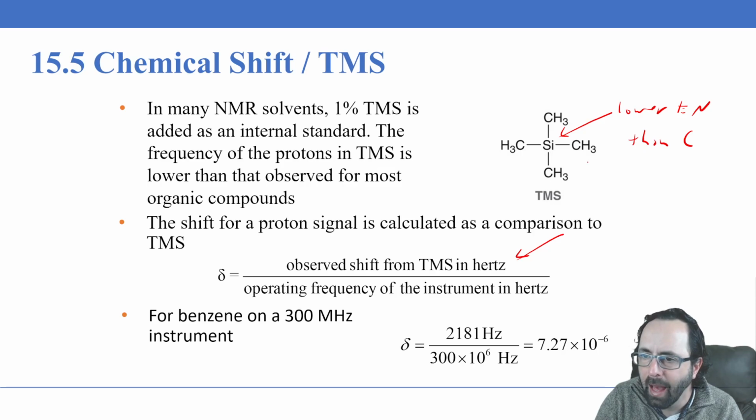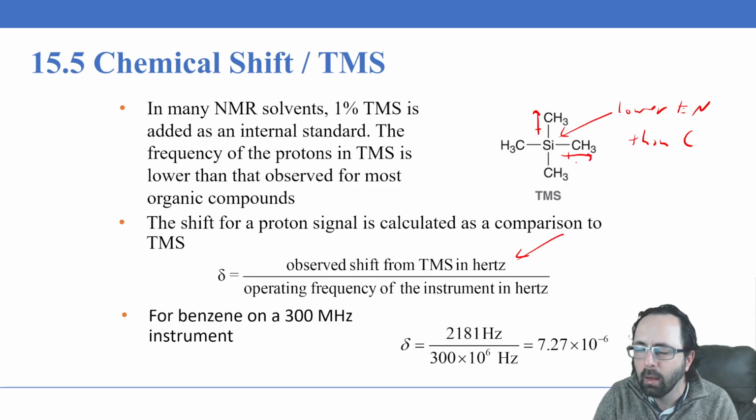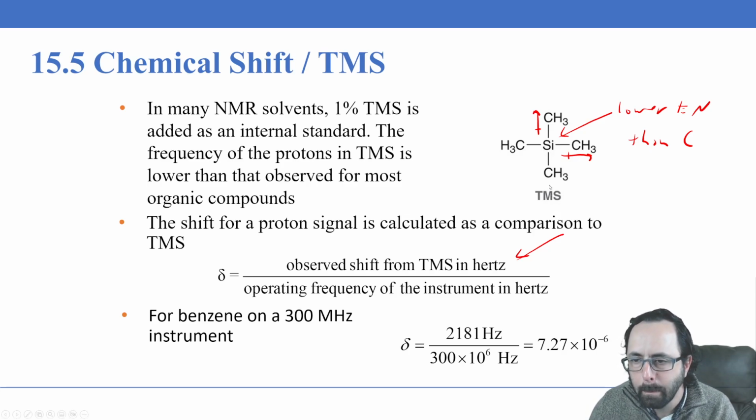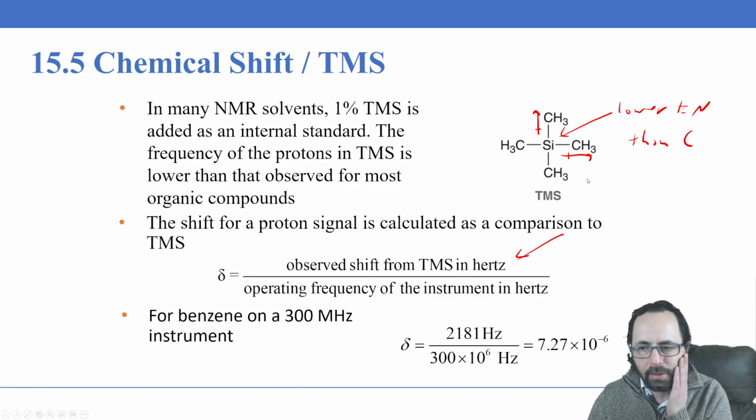And so what's going to happen is that the carbon is going to pull electron density towards itself here. And that's going to provide more shielding or more electron density for the protons that are attached to the carbon. And what that means is that due to the greater shielding, each of these protons will experience a lower magnetic field, and thus will absorb a lower frequency of light.